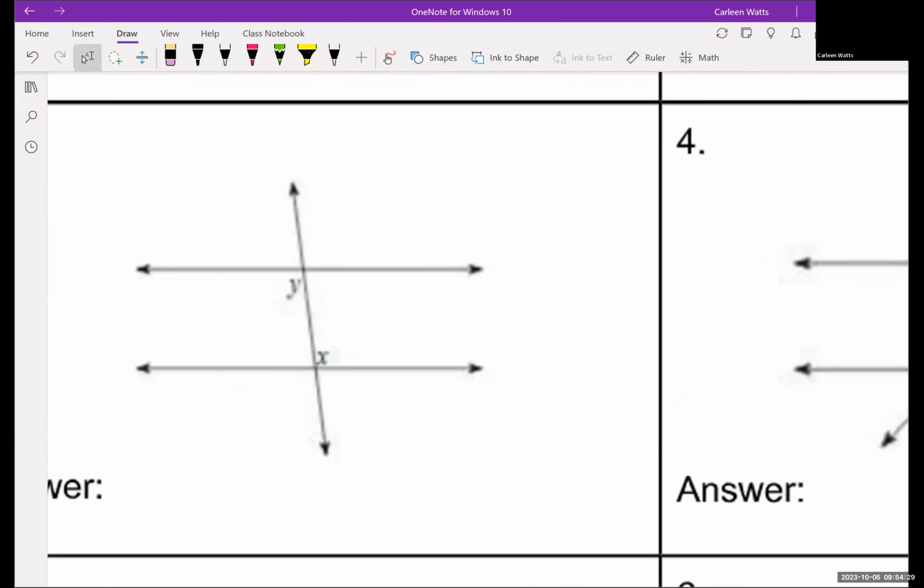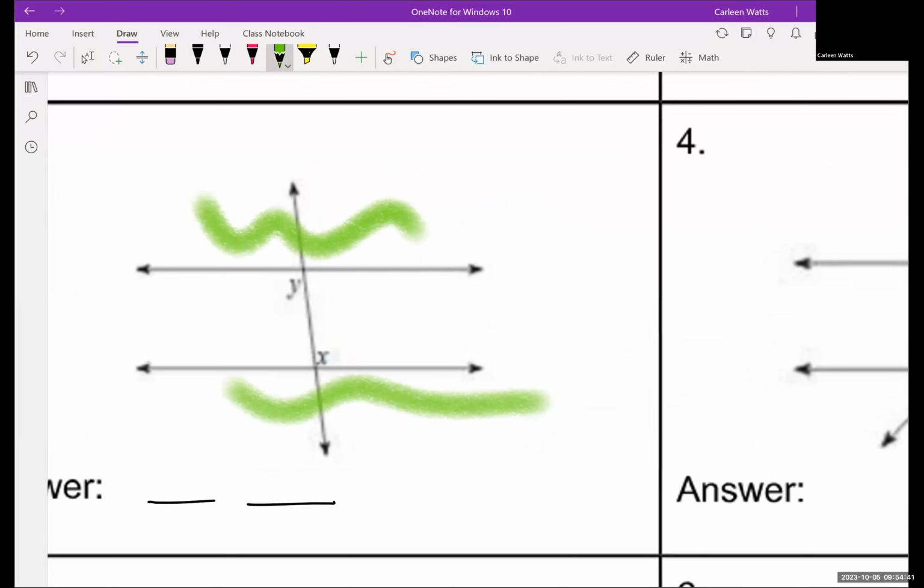Very good. Very fast. Yeah, Zoomers, 2 words. All right. Here's the grass. They are not on the outside. Alternate interior.